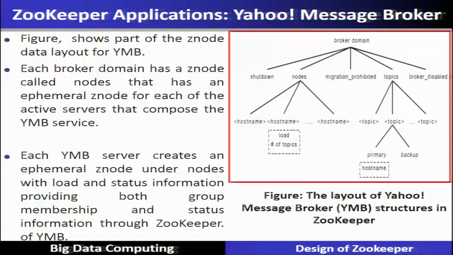Each YMB server creates an ephemeral node under nodes with the load and status information, providing both the group membership and the status information using Zookeeper. This is shown here as per the layout of the Yahoo message broker structure in Zookeeper.